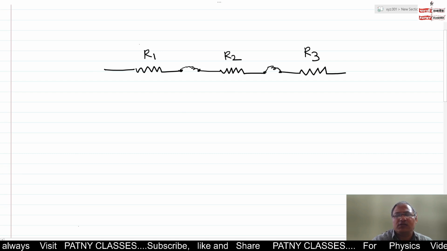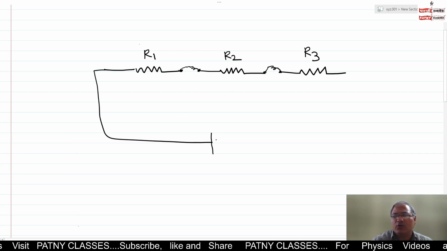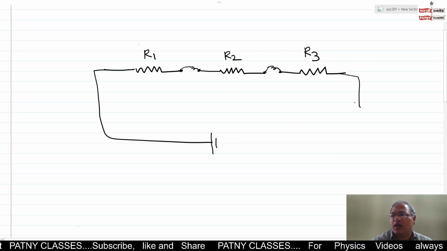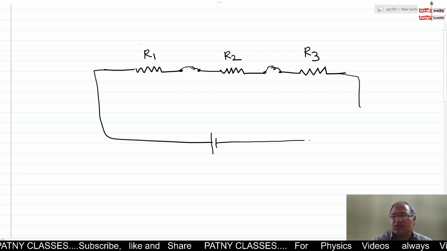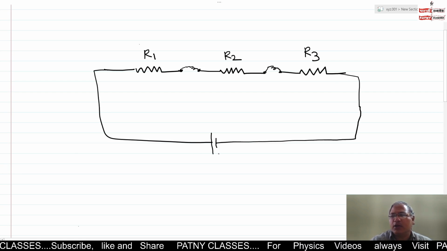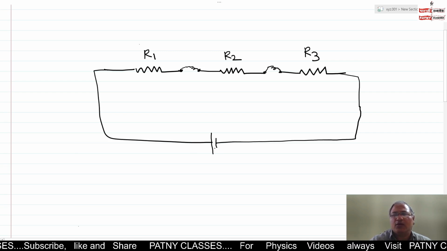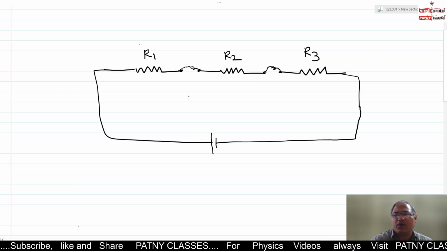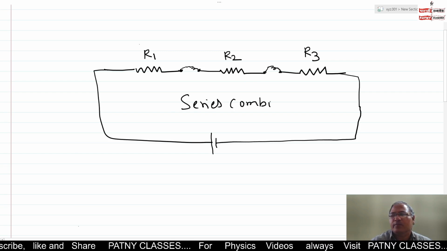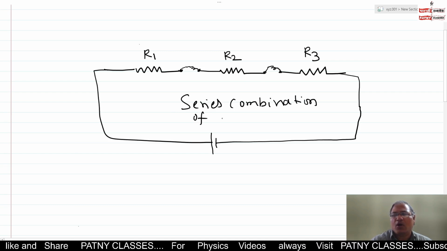Now the starting end of the first resistor is connected to the positive terminal of the cell, and the last end of the last resistor R3 is connected to the negative terminal of the battery. If you connect the resistors this way, then we call it a series combination of resistors.